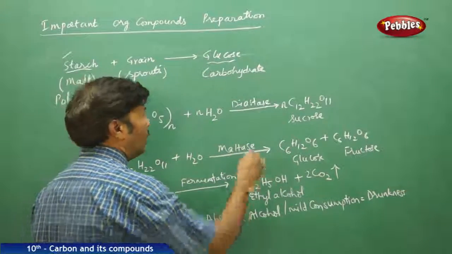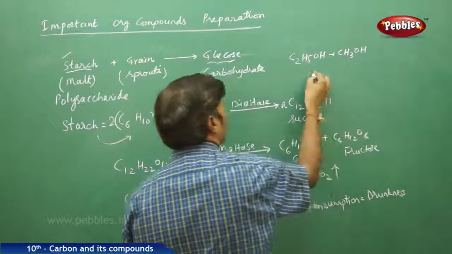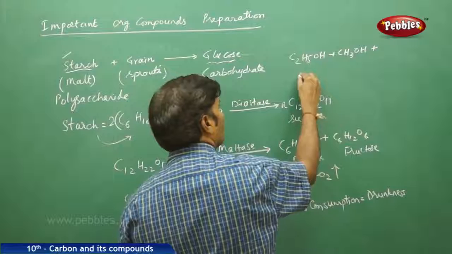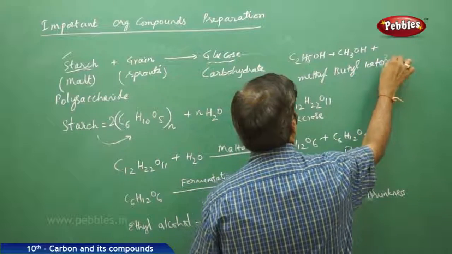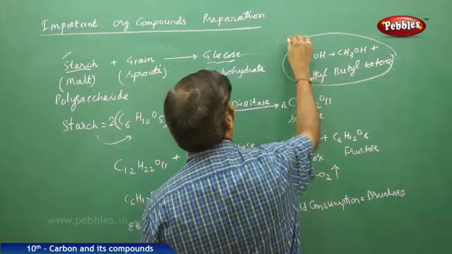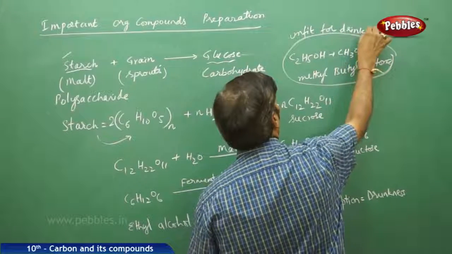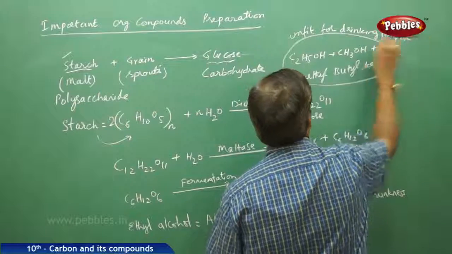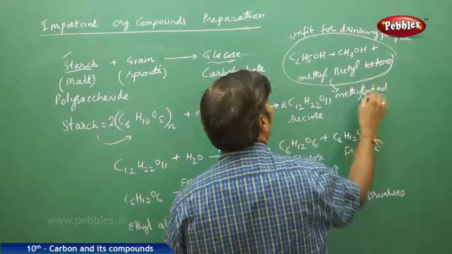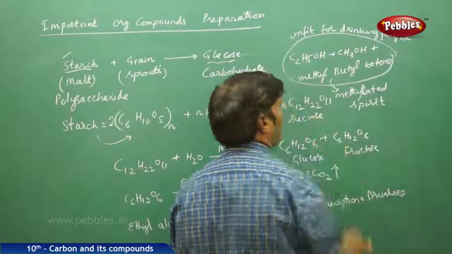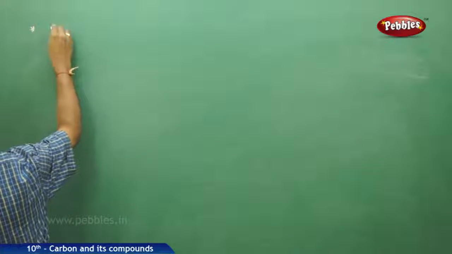The same ethyl alcohol is mixed with a small amount of methanol and a little amount of methyl butyl ketone, and with this composition it is unfit for drinking purposes. And we call this methylated spirit.